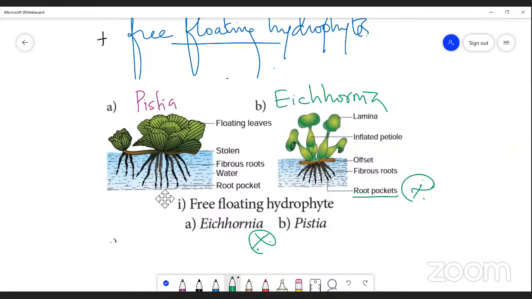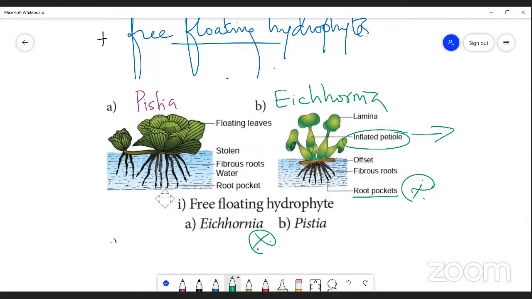When we take a cross section of the stem of these free floating hydrophytes such as Pistia and Eichhornia, right? And one more typical difference I am going to show you in case of Eichhornia. The petiole is inflated in nature and filled with a large amount of air. That's why it helps the plant to float on the surface of water.